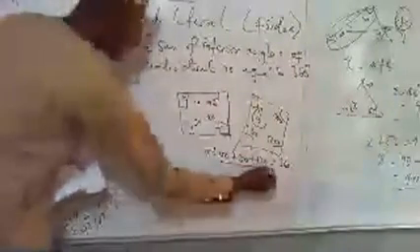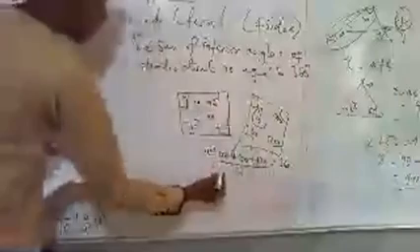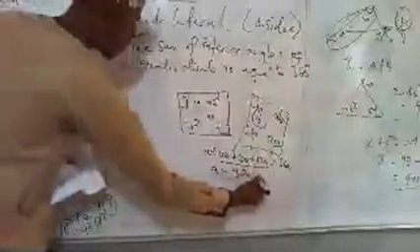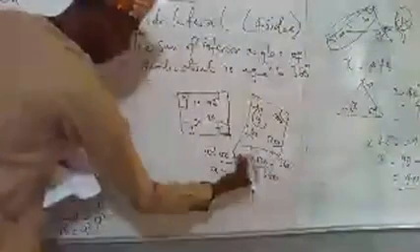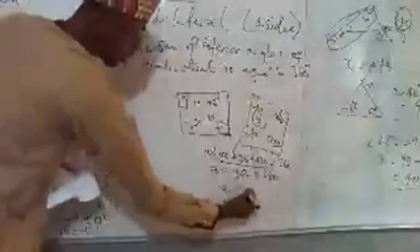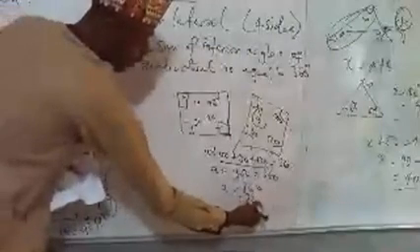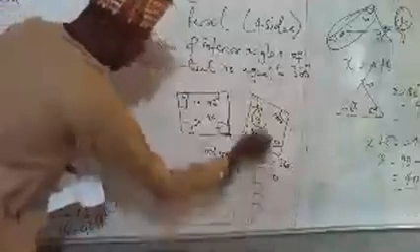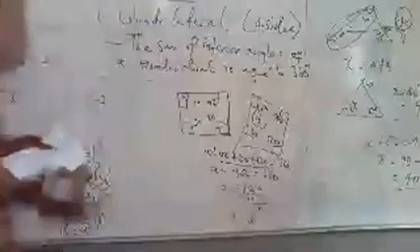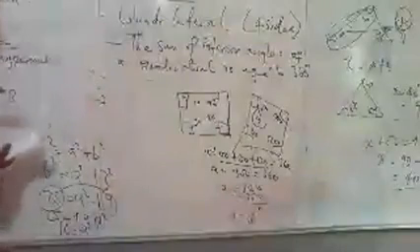You add all this together to get what? 350. So A plus 350 is equal to 360. So for example, your A will be what? Collect like terms, then you get your answer to be 10. A is equal to 10. So this place is 10. Just an example.